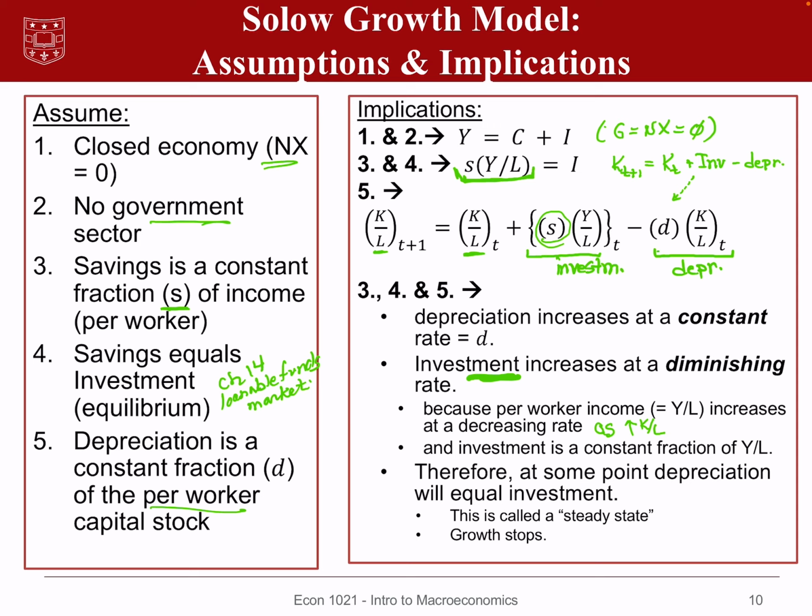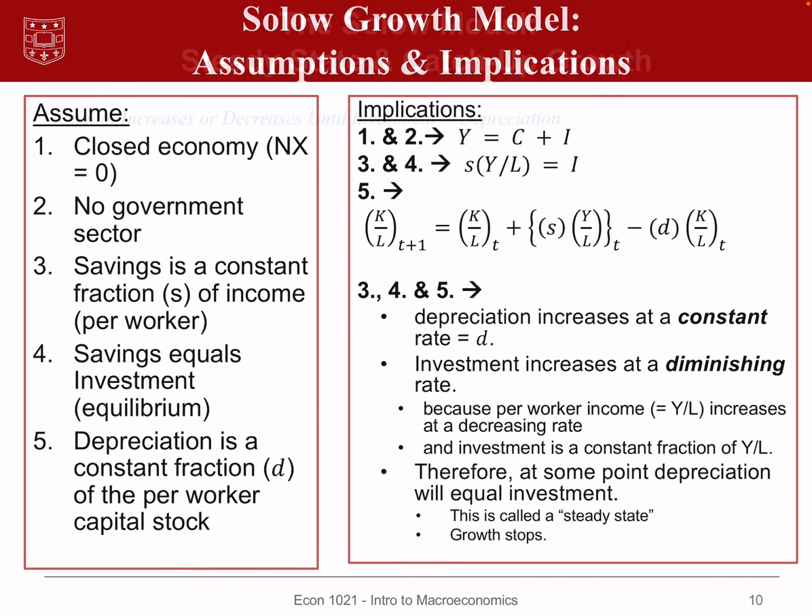And so our conclusion from that is that at some point, depreciation is going to be equal to investment. And this is what we're going to call a steady state. And importantly, what we're going to see is that growth stops.